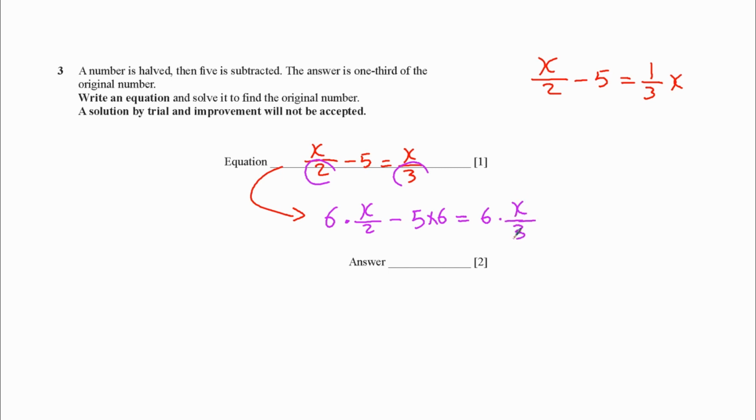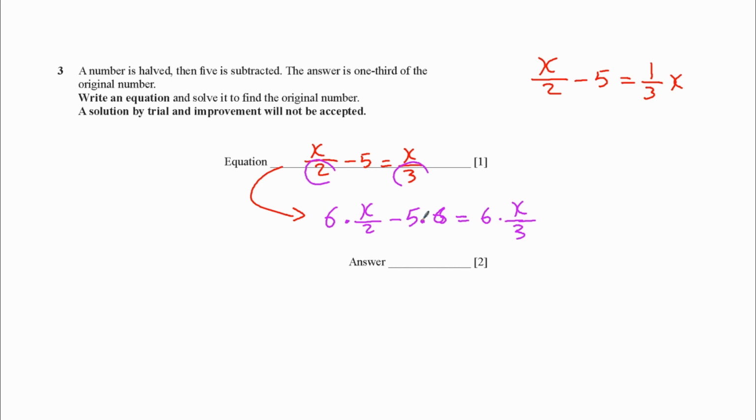So the reason that we do this is because we know that we can simplify those fractions. 5 times 6, I'm putting the sign as a times sign for now.